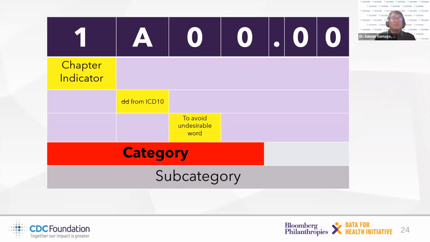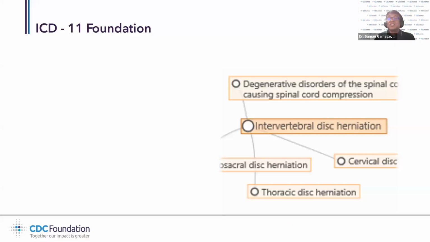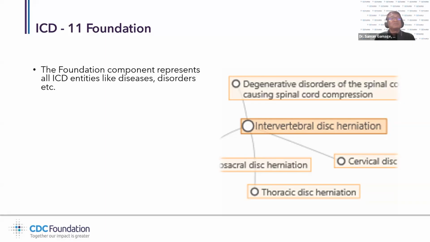So this is about chapter structure and code structure. Let's go into other details of ICD-11. Let's talk about ICD-11 Foundation. What is Foundation? The Foundation provides a single comprehensive structure that covers a wide range of health issues, from injuries to illnesses to health conditions.